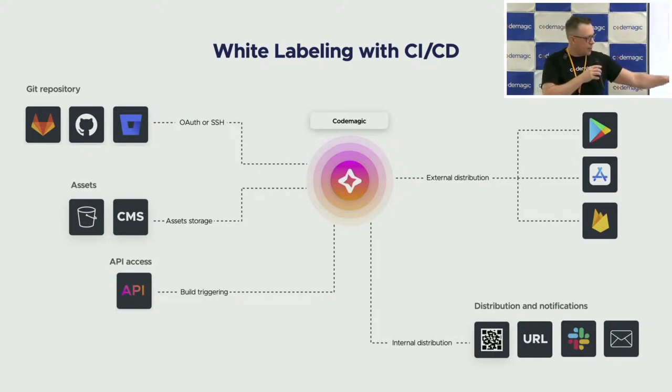You're going to need access to your customer's assets, which will be downloaded to the build machine when we start a build. API access, as I've already explained. The ability to push out to different stores, and distribution internally to people like testers or other stakeholders. So you can give them a Slack notification, an email, or some kind of QR code where they can download different versions of the app.